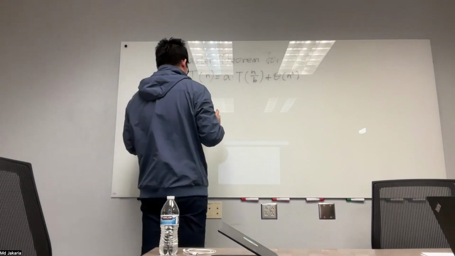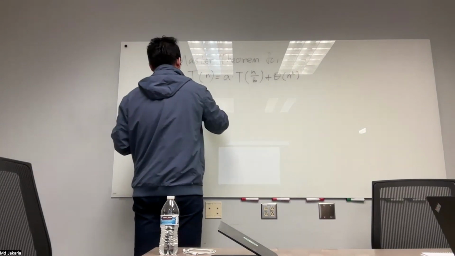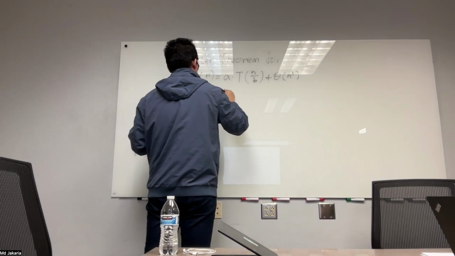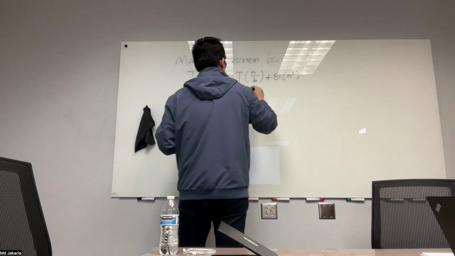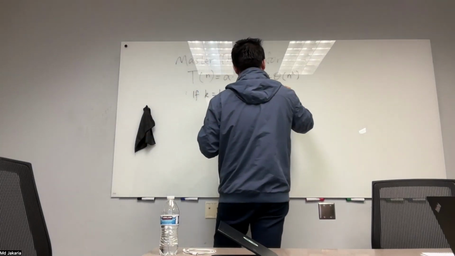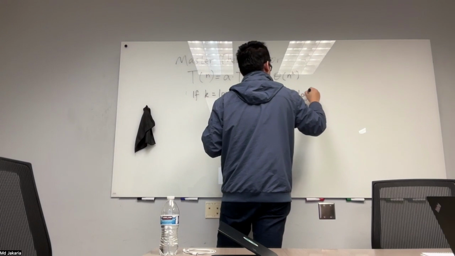And so it says that if A equals B to the power of k, that is, k equals log base B of A, then T of n really is just big O of n to the power of k log n.